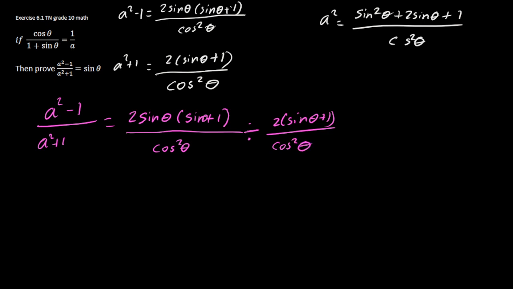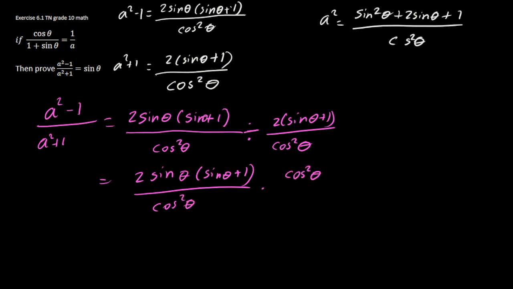Alright, so as you know, when dividing fractions, you have to flip the second fraction. You have to take the reciprocal of it. So we can rewrite this as 2 sine theta, sine theta plus 1, all over cos squared theta, multiplied by cos squared theta over 2 times sine theta plus 1. And now we're just going to cross a bunch of things out.